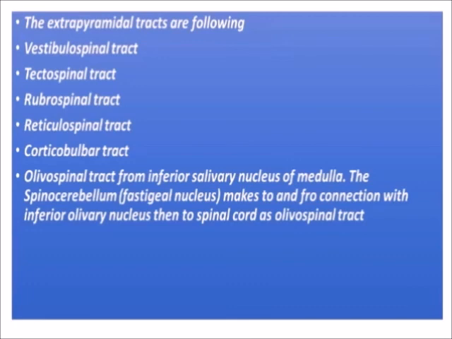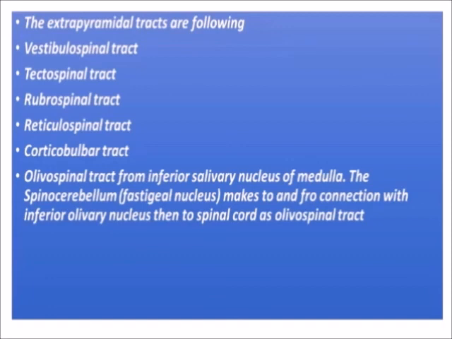Thus we have known that the extrapyramidal tracts are the following: vestibulospinal tract, tectospinal tract, rubrospinal tract, reticulospinal tract, corticobulbar tract, and olivospinal tract, which is from the inferior olivary nucleus of the medulla.